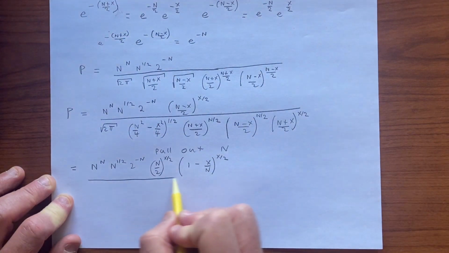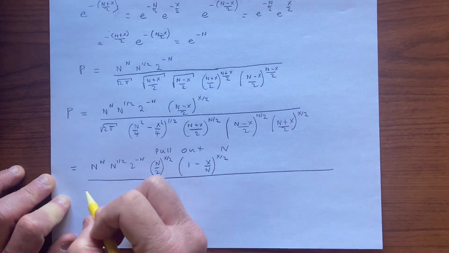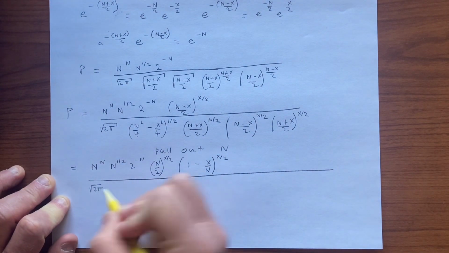And we divide that by square root of 2 pi.